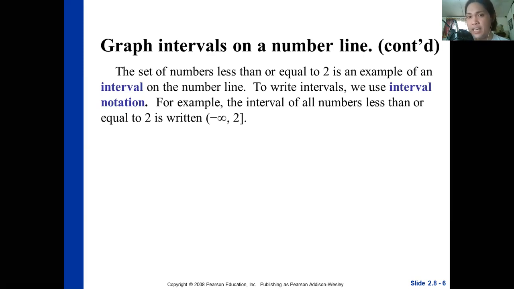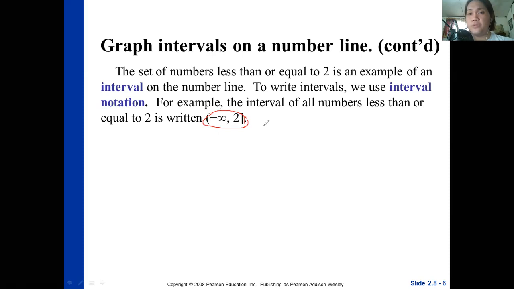Interval notation. When we write intervals to represent the solution set of the linear inequality, we use interval notation. For example, the interval of all numbers less than or equal to 2 is written in the form of the symbol on the screen, this one.